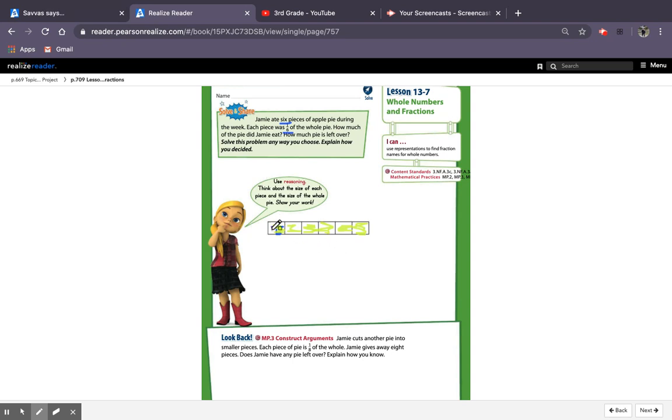So he ate all 6 pieces of the pie because, again, each is represented by 1/6, and he ate 6 pieces overall. So how much pie is left over? No pie is left over, so I could just say 0 pieces.